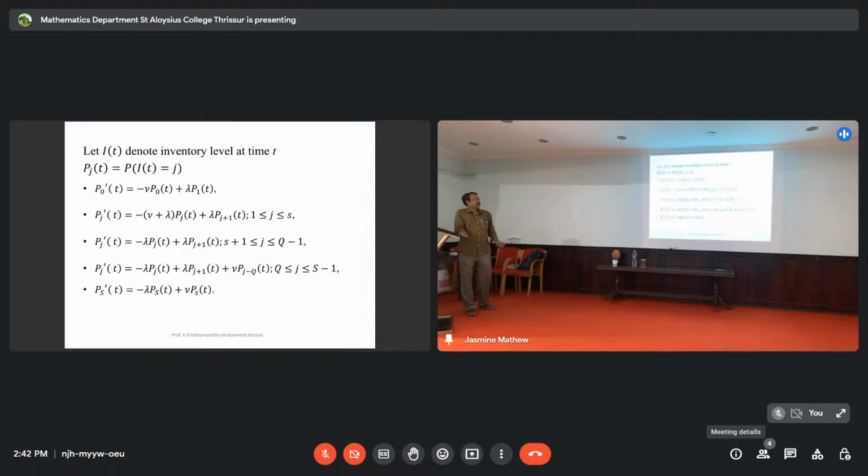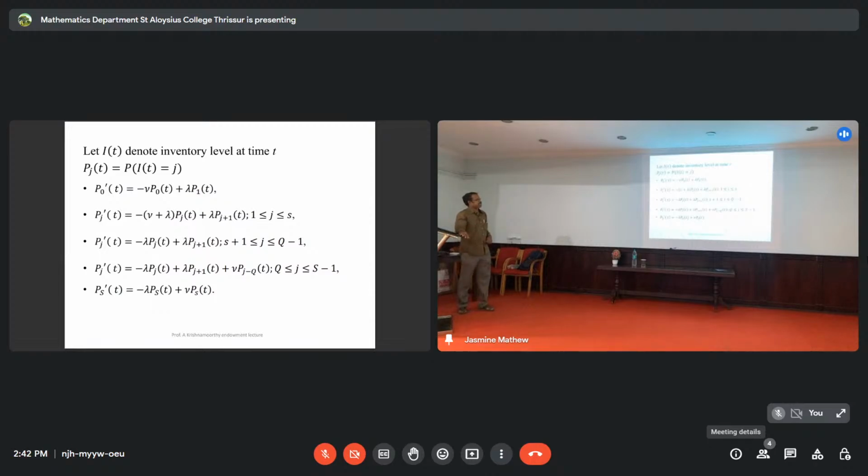Now the Chapman-Kolmogorov equations corresponding to the probabilities P_j(t), the probability that the inventory level equals j, are given in this fashion. Now we attempt to solve this system using the homotopy perturbation method.